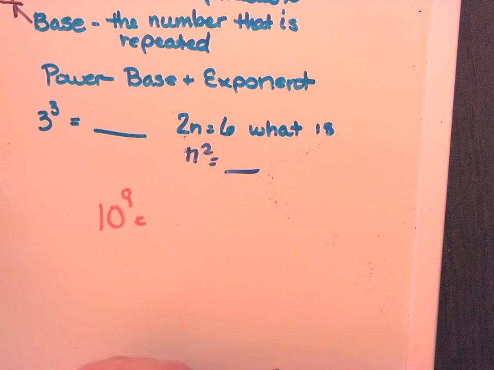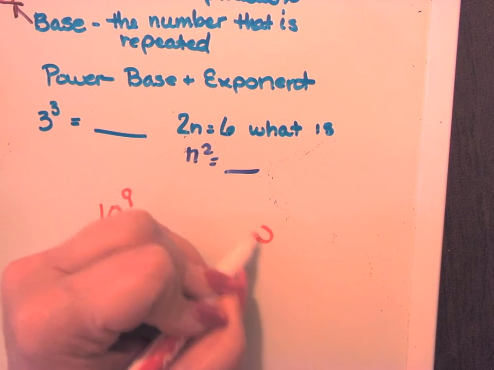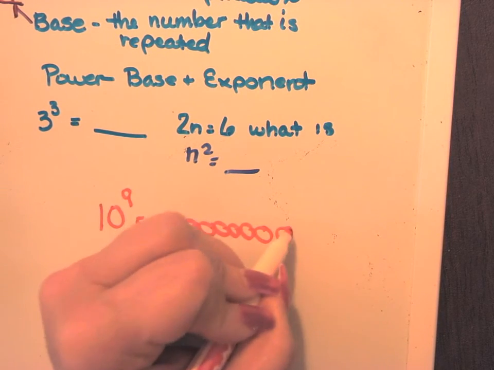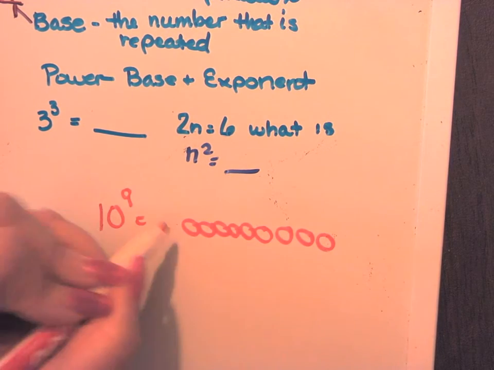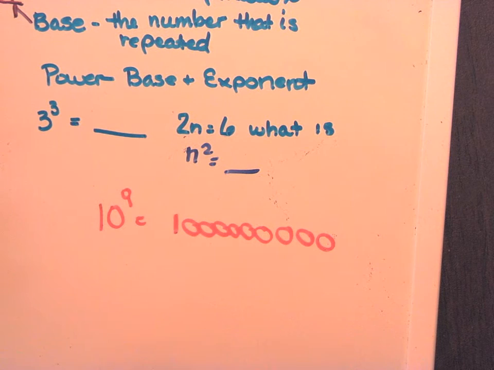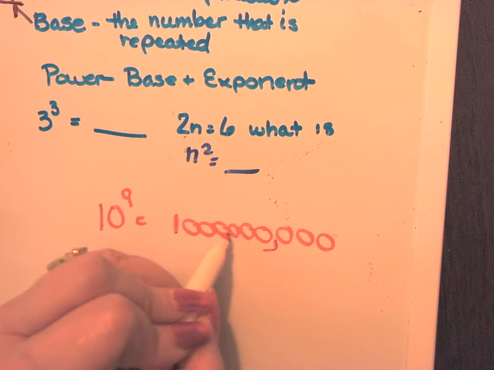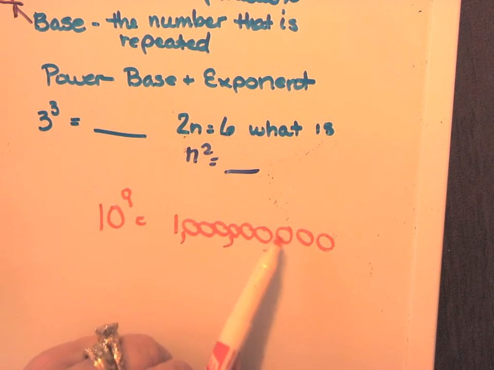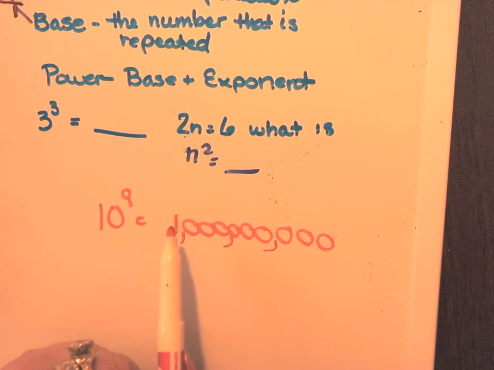If it's 10 to the 9th power, you have 1, 2, 3, 4, 5, 6, 7, 8, 9 zeros and the number 1. 1, 2, 3, comma, 1, 2, 3, comma, 1, 2, 3, comma. Here's the thousands, here's the millions, here's the billions. So 1 billion. And that's how that goes.